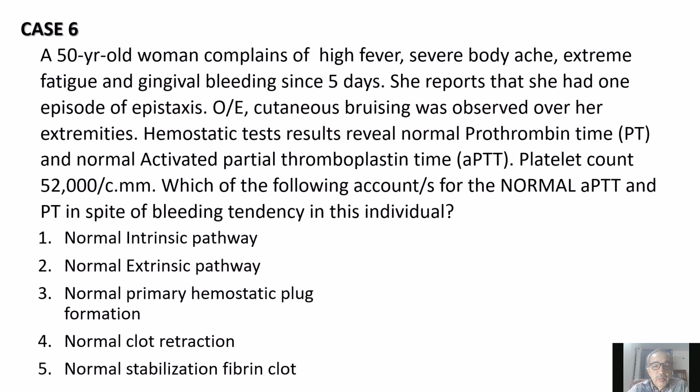So, normalcy in a few of these must have caused this. It's slightly confusing, maybe, the question. You have to say which of these will account for the normal APTT and PT.